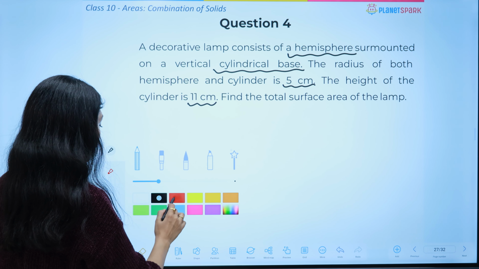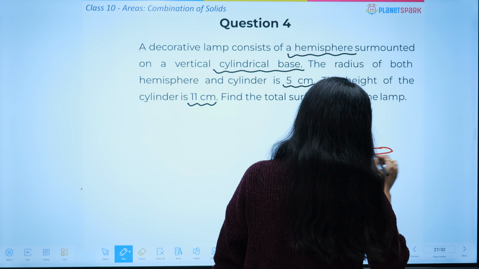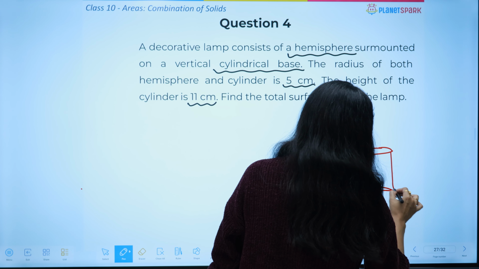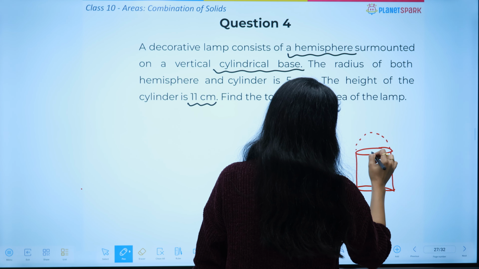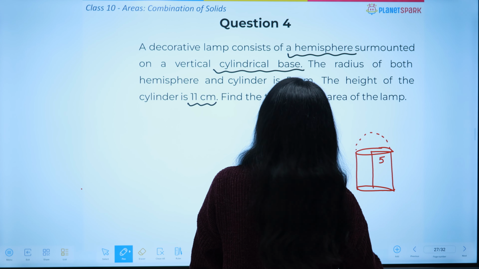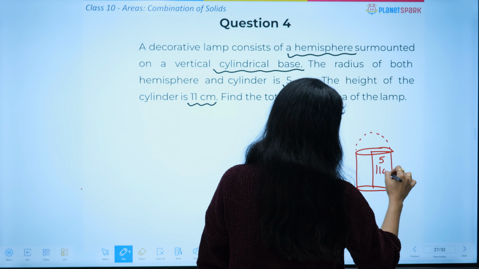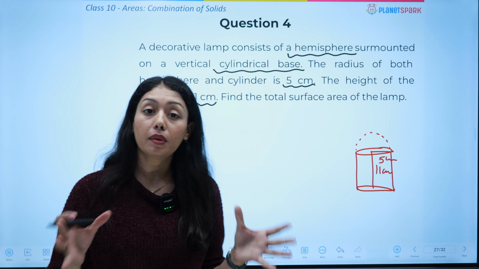First of all, let's try to imagine how the shape looks. We have a cylindrical base, and on top of that we have a hemisphere. The radius is the same, that is 5 centimeter, and the height is given to be 11 centimeter. Then we have to find the total surface area. So what all surfaces will we be considering?